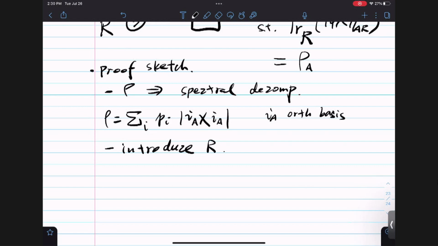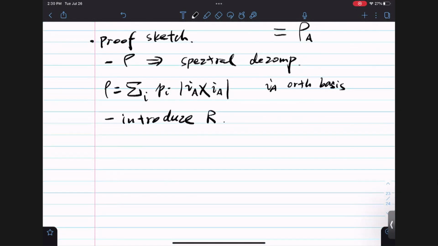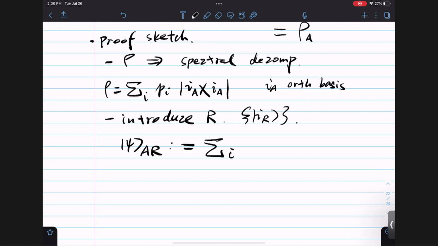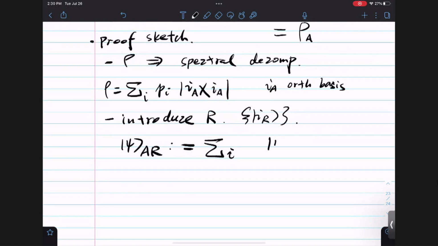Well, we just introduce a space of the same dimension and using the same basis. Okay, so we can define a state like this. Sum over i of |i_A>|i_R>.